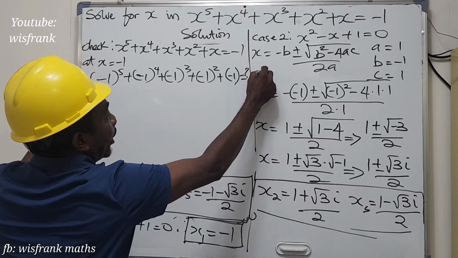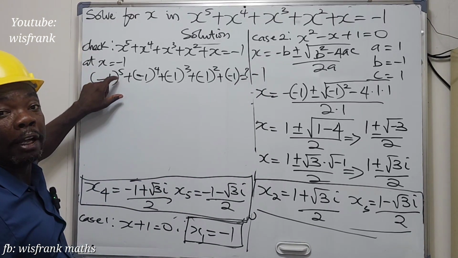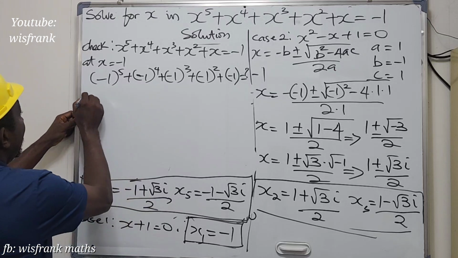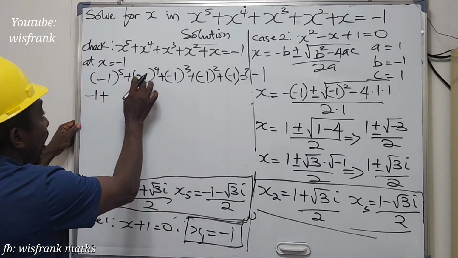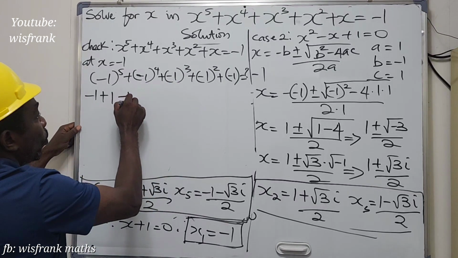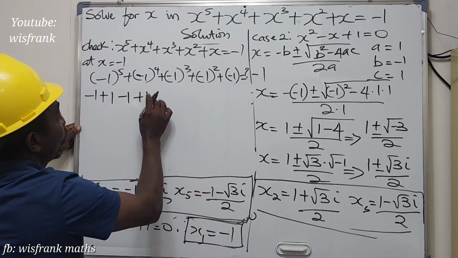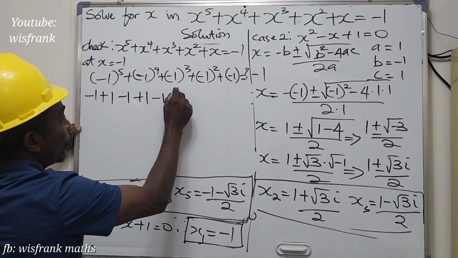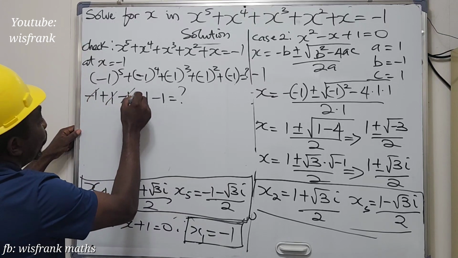But you have here minus 1. In this case, we all know that to the power of 5 is negative, so here we have minus 1. Here is even, so we will have 1. Here is odd, so it is going to be minus 1. Here is even, so it is going to be plus. So in this case, this will cancel here and this will cancel here.